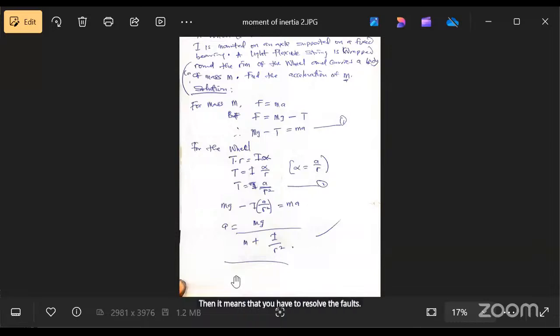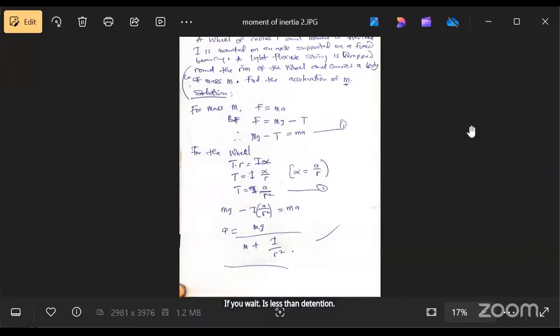That means you have to resolve the force. If the weight is less than the tension, then the mass will be stationary, because the tension has enough force to hold it at a point. But the question says you should calculate acceleration, which means the mass is moving.